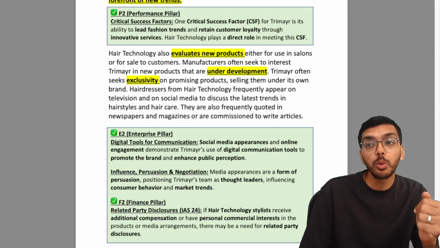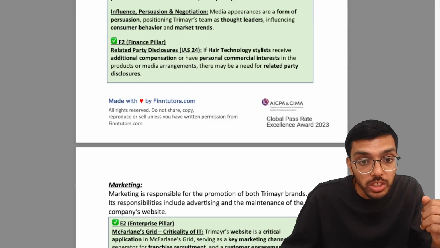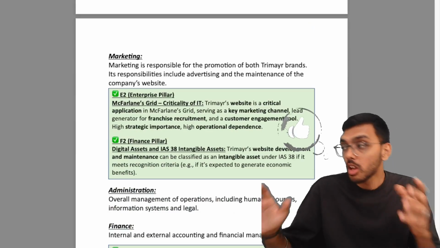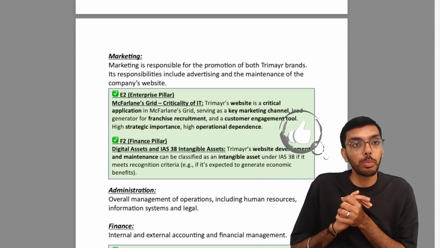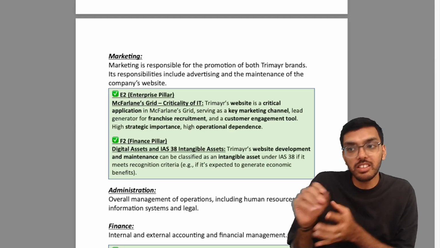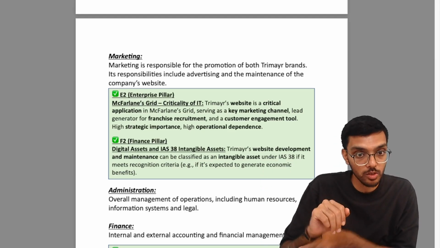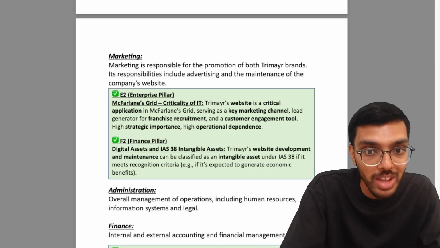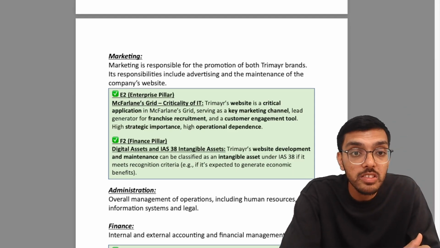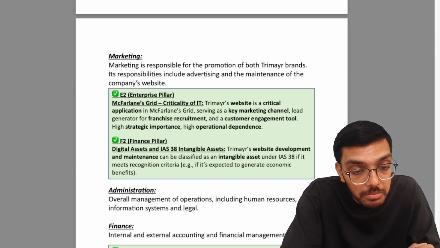There might need to be a related party disclosure in that particular situation. A new salon that we are opening up, the land that we have leased is owned by one of the hairdressers who works in hair technology, for example. Related party disclosure might be needed.